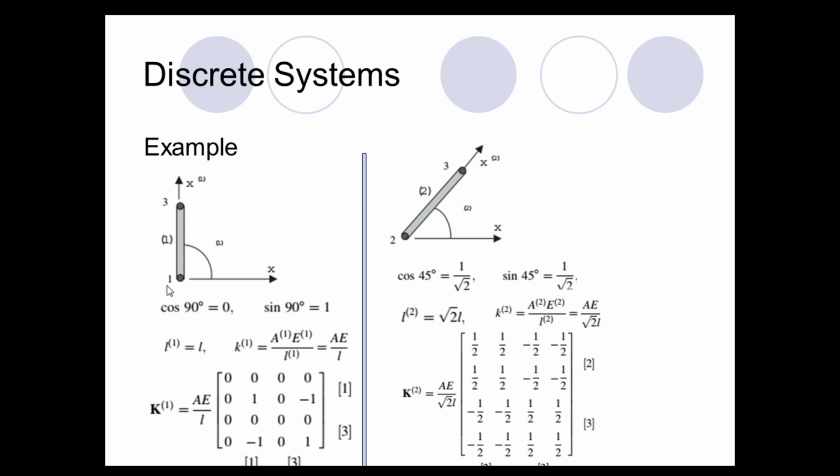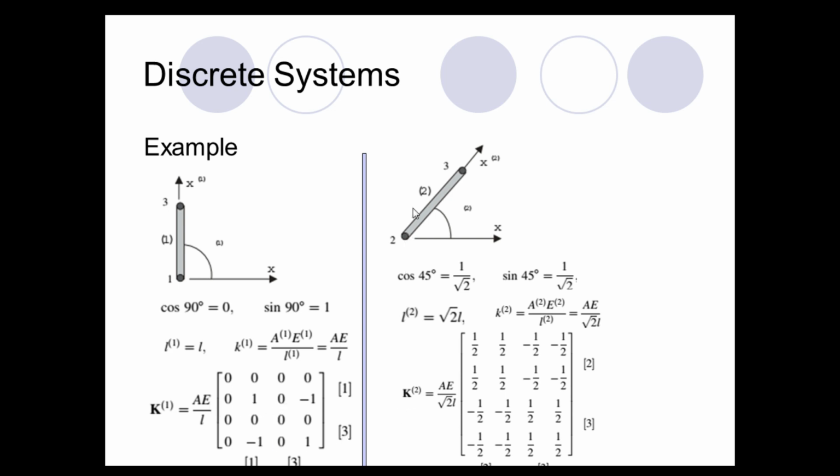Or in other words, we have only y components in the direction of the element. Therefore, as you remember, the second and fourth columns are associated with the y coordinate components, and as a result the others are 0 and we have non-zero values in the second and fourth column or in the second and fourth row.